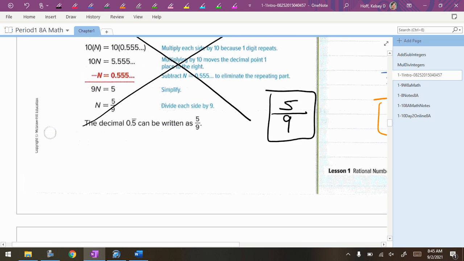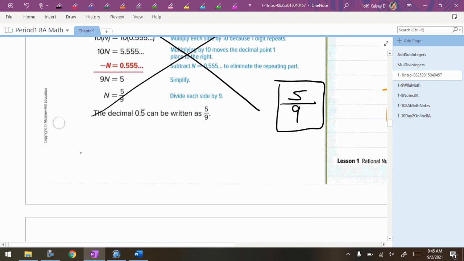So how about this one? What if I gave you 0.27 and the bar goes above the 2 and the 7? Try this on your own. Because it has a repeating bar, everything under the repeating bar goes in the numerator, in the top. Every number in the numerator needs a 9 below it in the bottom. Then reduce if you need to.